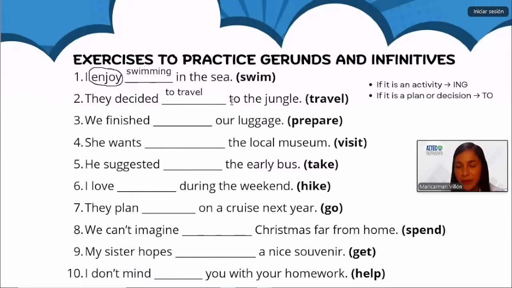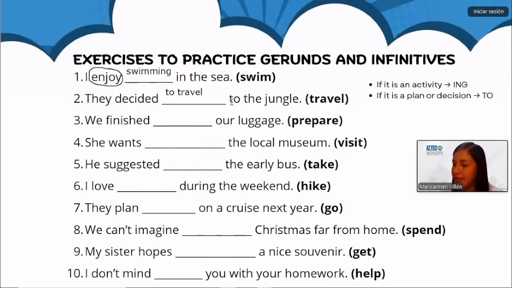A ver. Excellent. Christian, thank you. Susie. Vanessa. ¿Estará bien? We finished to prepare our luggage. Eso, Alex.